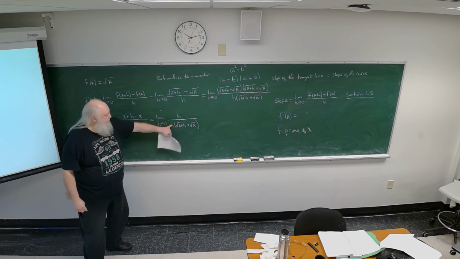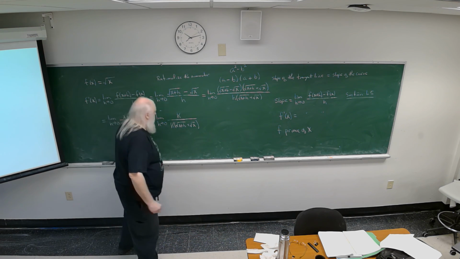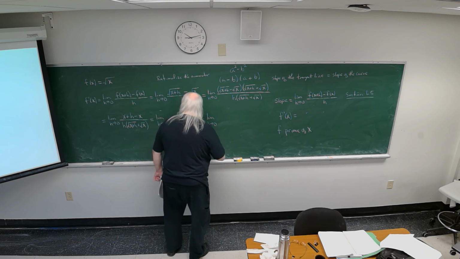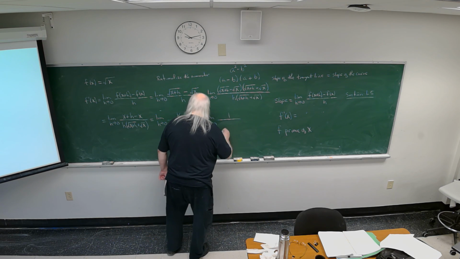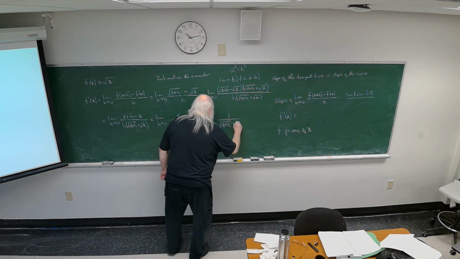And now you can see the h's cancel. And we're left with the limit as h approaches 0 of 1 over the square root of x plus h plus the square root of x.